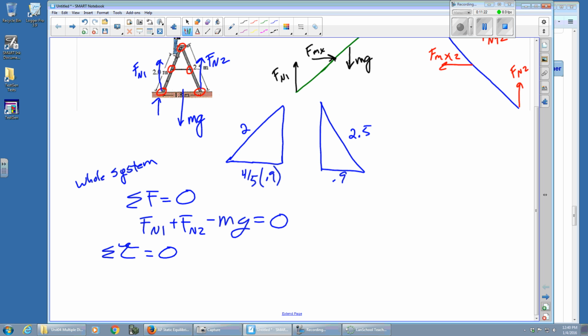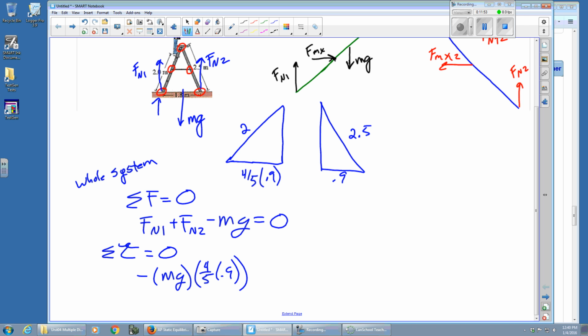So if I do that, then the weight is causing a clockwise torque, and F2 is causing a counterclockwise torque. And so my clockwise torque is going to be my negative torque. So that'd be negative mg times, it's working at that 4/5 0.9 distance away.